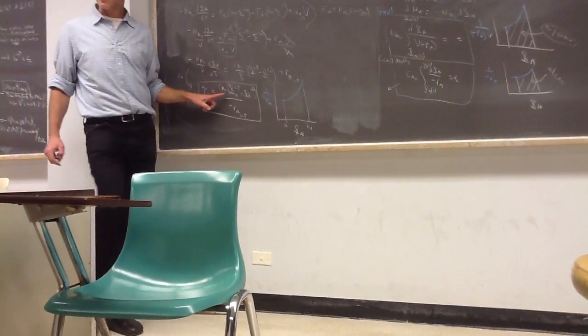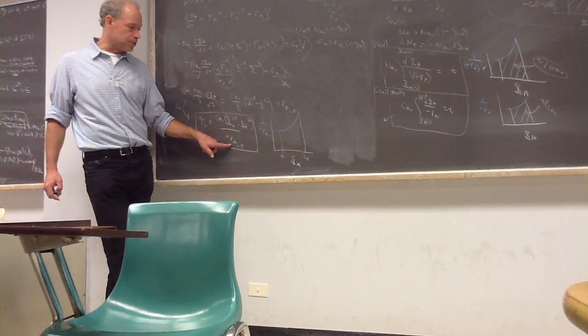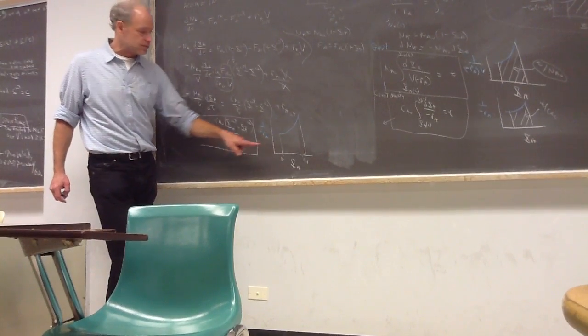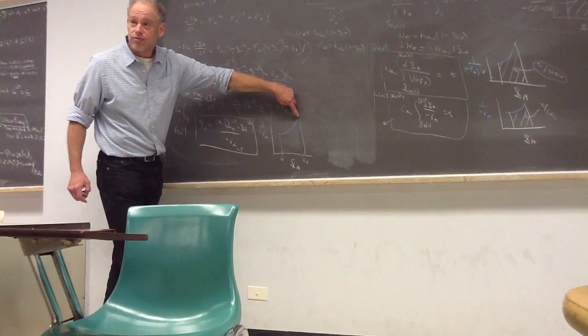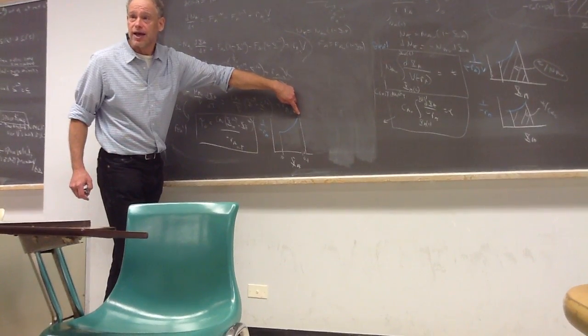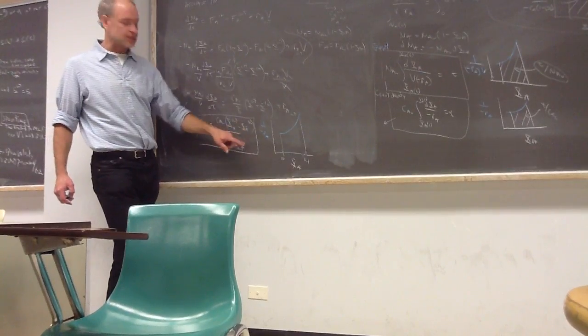Notice what I have here: 1 over minus RA, not as a variable, but evaluated at the outlet. So it's the height of the curve at the outlet conversion, times Xa out minus Xa in.